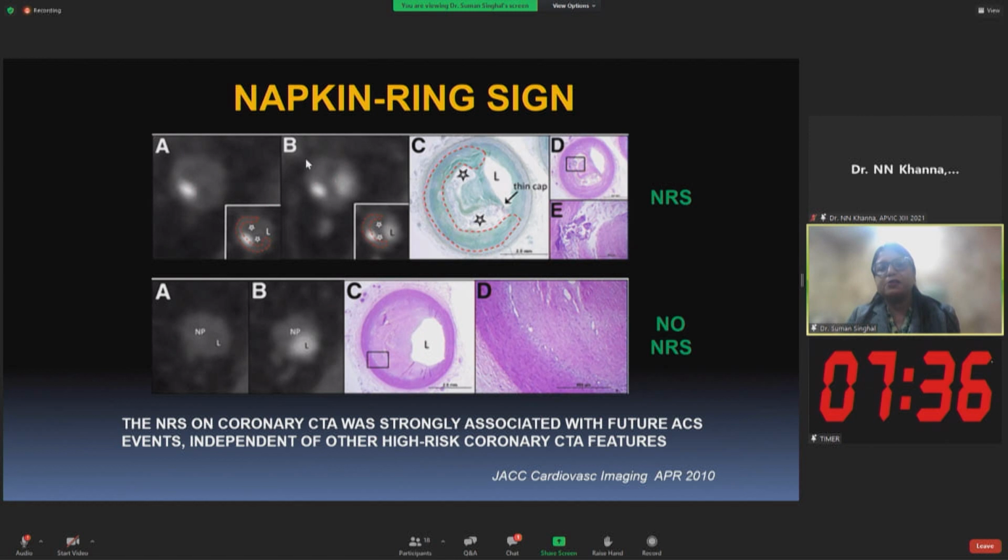Whenever you see this low density area within the hyperdense plaque, this is the lumen here, this is calcification, this is the plaque, and if you see this low density area, that is a napkin ring sign, which is an independent predictor of a vulnerable plaque and acute coronary syndrome. If you see a plaque like this, but no hypodense area in between, that is without a napkin ring sign.